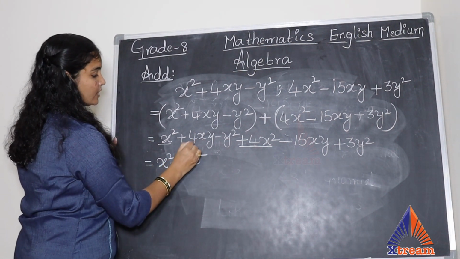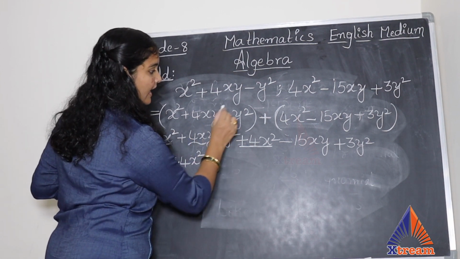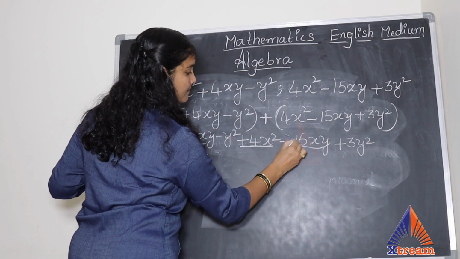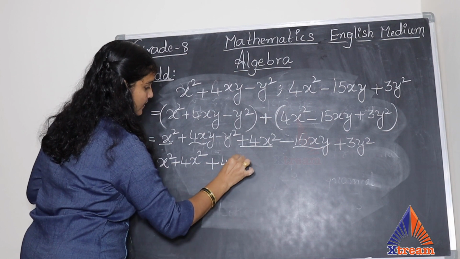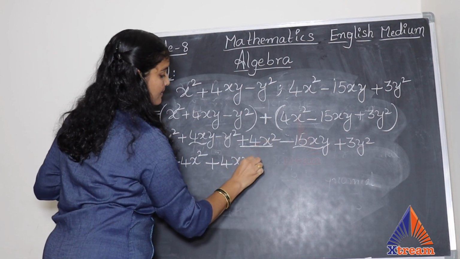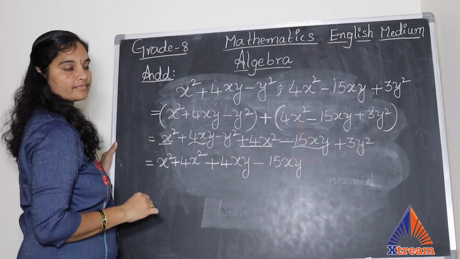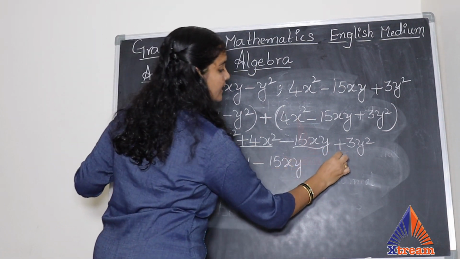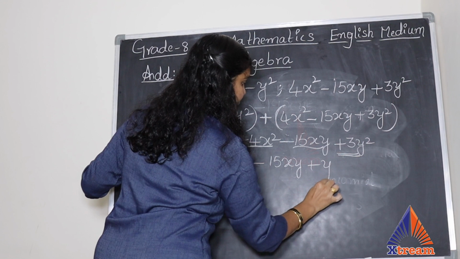Now, next term we need is the xy term. So I have xy term over here. As I told, pick it up along with the sign. So I have plus 4xy here and then minus 15xy over here. Right? Next I have minus y square. Here I have plus 3y square. So I'll be grouping them.